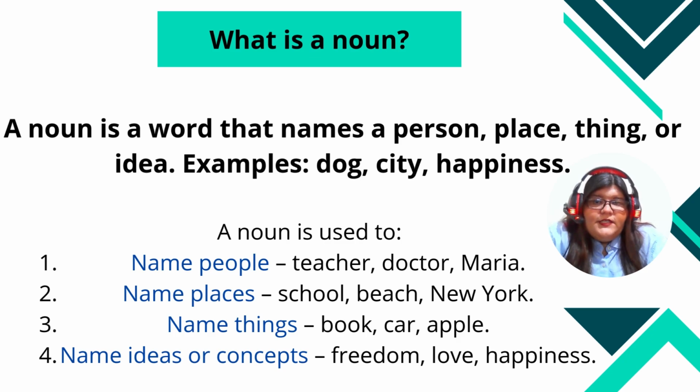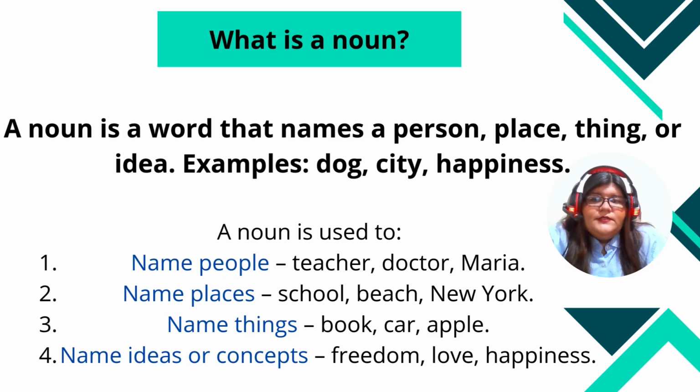A noun is used to name people. For example, do you remember we saw a teacher, a doctor, and Maria? Any person. I could be a noun too, because I am a person.